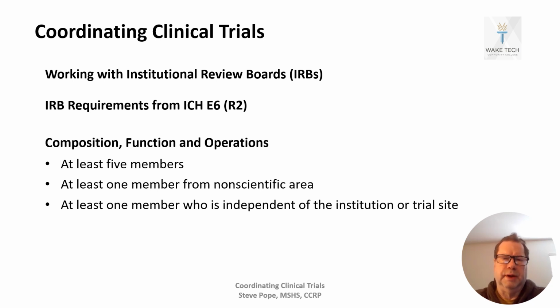So let's talk about the composition of IRBs. First of all, they have to have at least 5 members, and of those 5 members, at least 1 member has to be from a non-scientific area. So it has to be someone who's not a doctor or a scientific researcher. It could be someone who perhaps has training in law or theology or some other area like that.